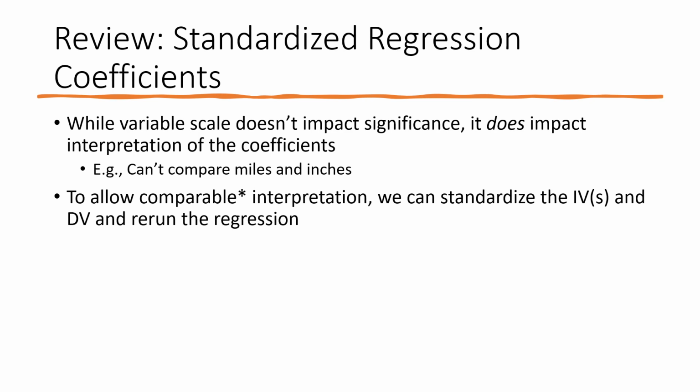The problem is that I really can't compare the coefficients for miles and inches. And so to allow comparable interpretation, we have to change the scale. One of the ways that we can do this is standardize the independent variable and dependent variable before running the regression. And when I say standardize, there's a standardization calculation where I subtract the mean and divide by the standard deviation.